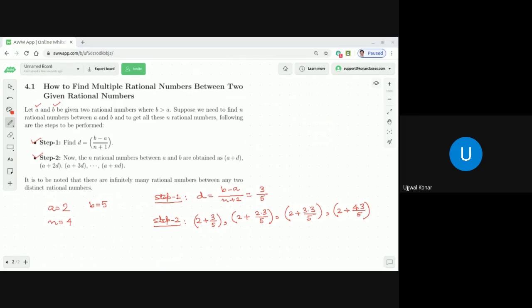So the next point is very important. Determining the nature of the decimal expansion of rational numbers.